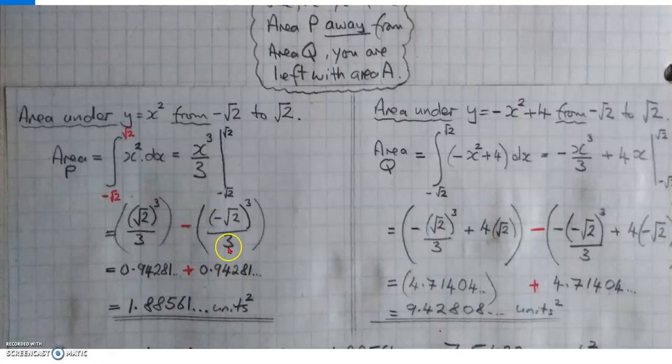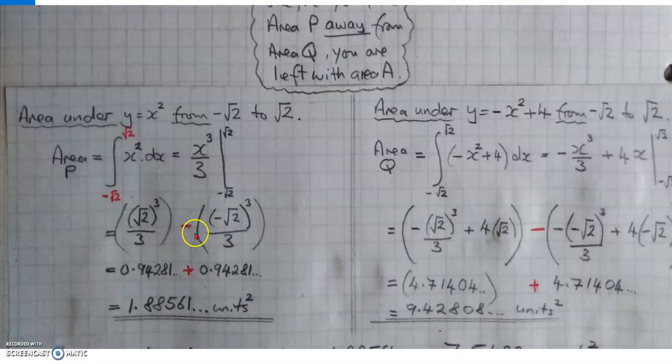It makes no difference, but what that really means is that because of the symmetry of the graph y equals x squared, because it's symmetrical either side of the y-axis, this part of your integral will work out as a negative area, but exactly the same size as this positive area here, because they are symmetrical about the y-axis.